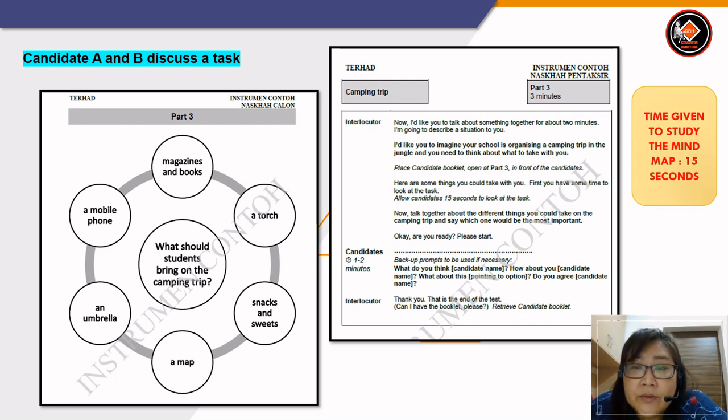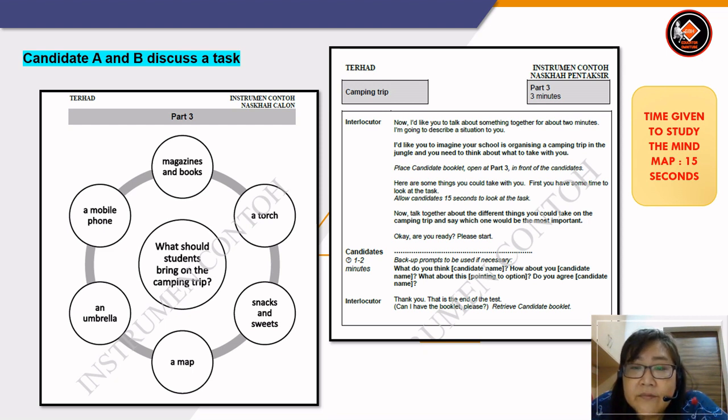So the interlocutor will ask you to, now I would like you to talk about something together for about 2 minutes. I'm going to describe a situation to you. I'd like you to imagine your school is organizing a camping trip in the jungle and you need to think about what to take with you. Here are some things you could take with you. First, you have some time to look at the task.